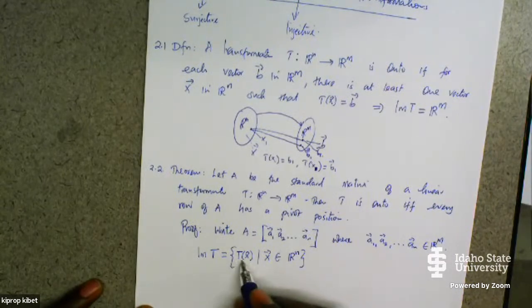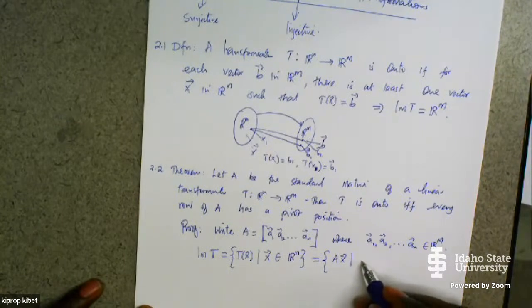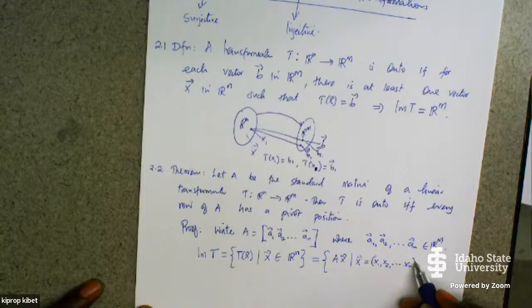And how can we write this? We can also write T of X equals Ax, whereby X equals X1, X2, all the way to Xn, and these are also in Rn.